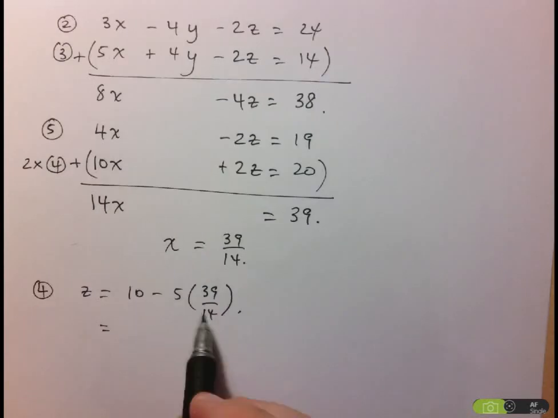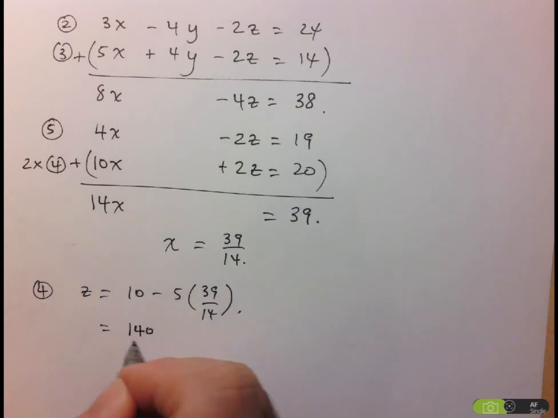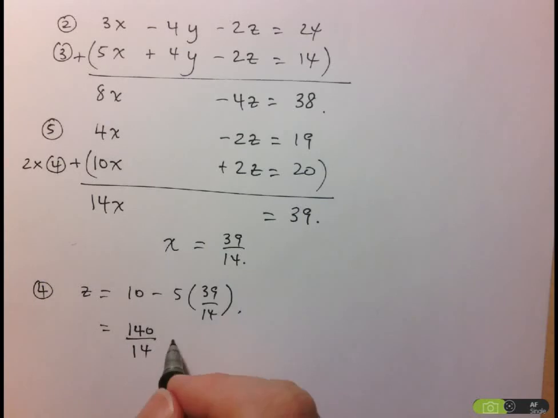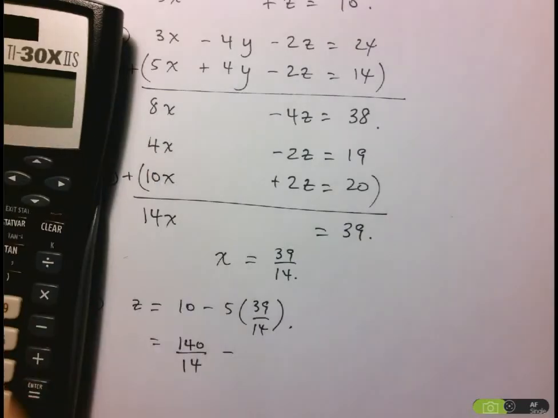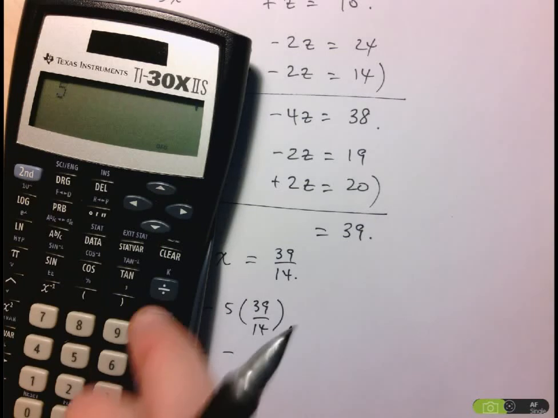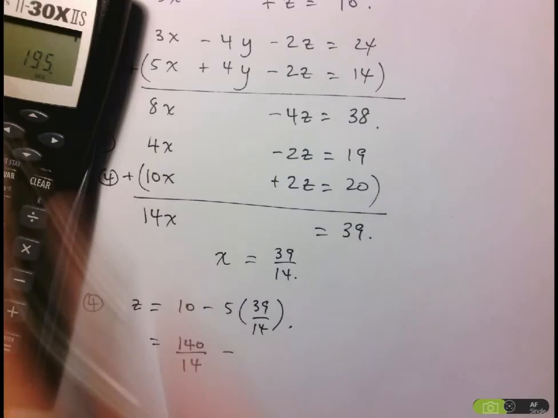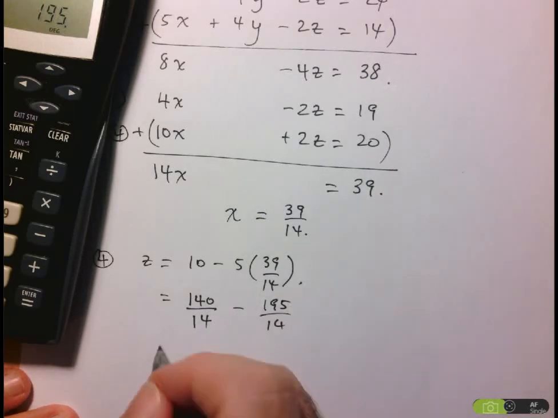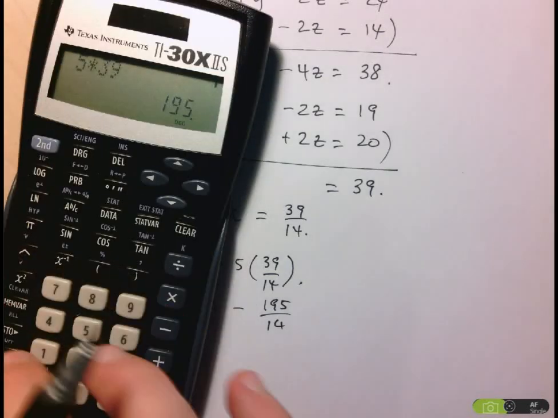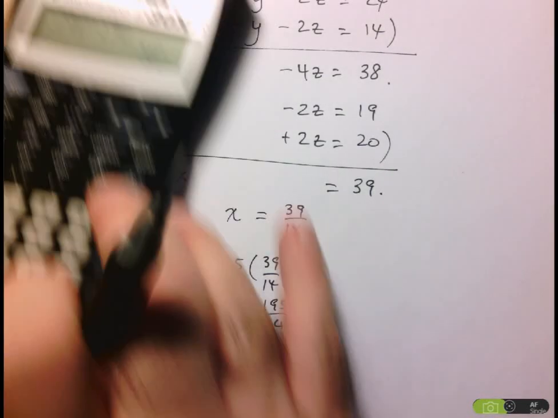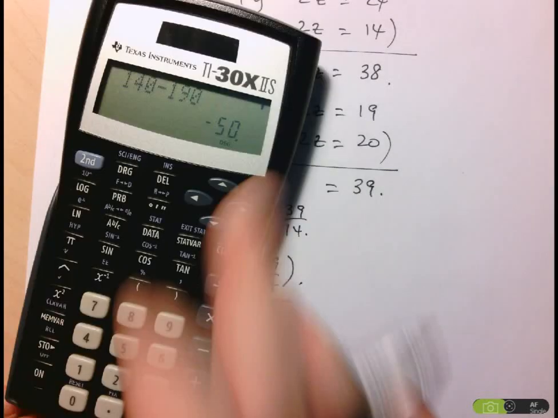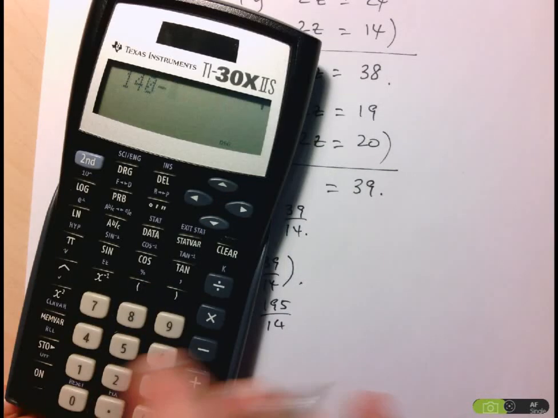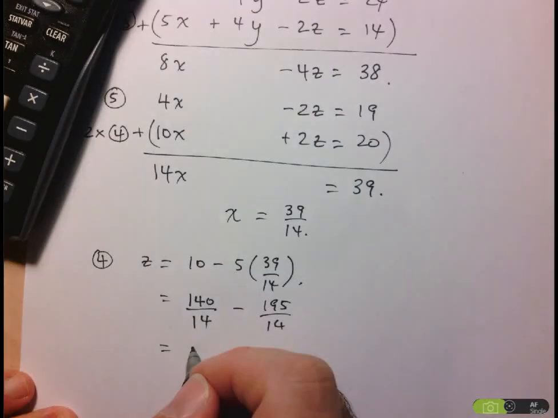I'm going to have to subtract these, so I'll put everything over 14. 10 can be written as 140 over 14, minus 5 times 39, which is 195, over 14. So 140 minus 195 gives me negative 55 over 14.